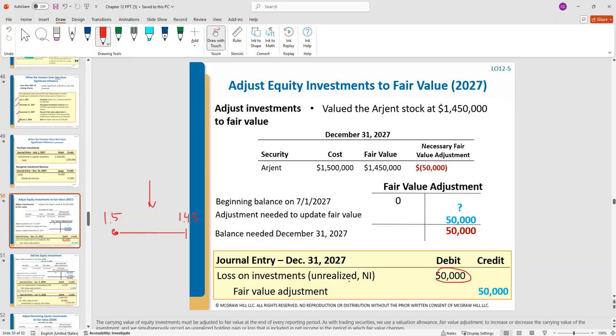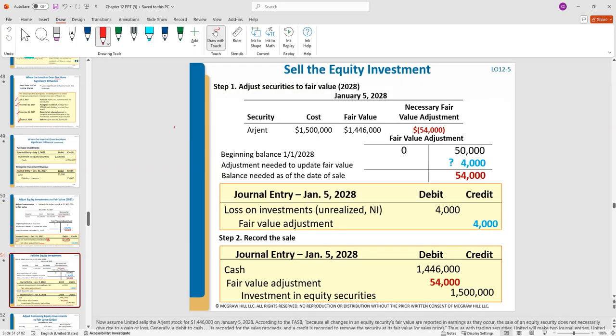In this case, it's very similar to the trading securities for debt instruments. That change in fair value, because that's how we're going to report it, fair value through net income, is essentially going to be put on there, and then that loss will be accounted for with the fair value adjustment.